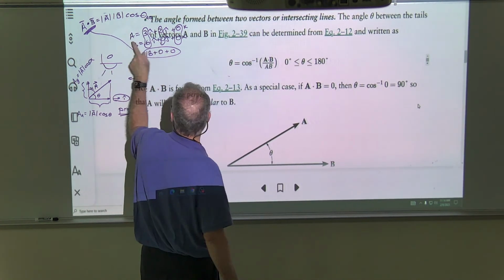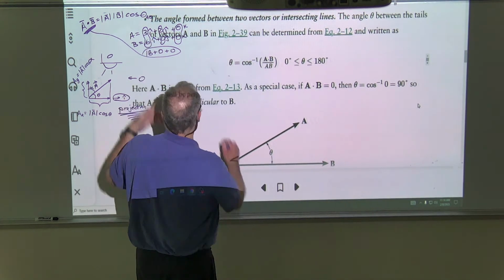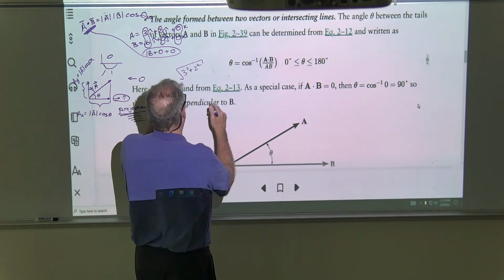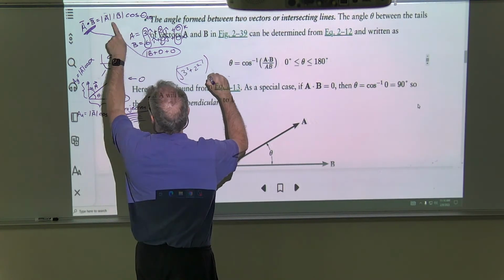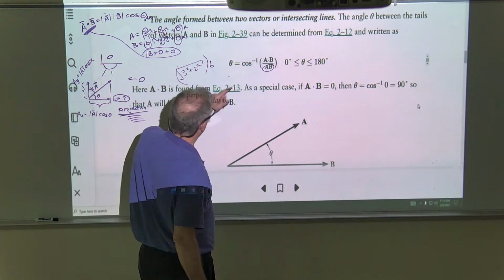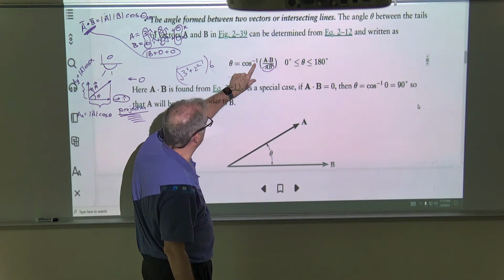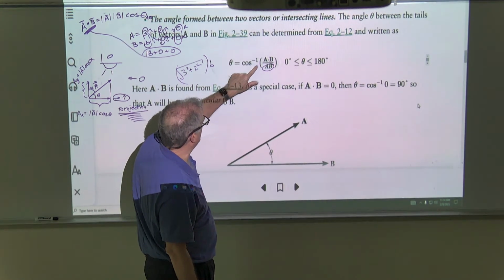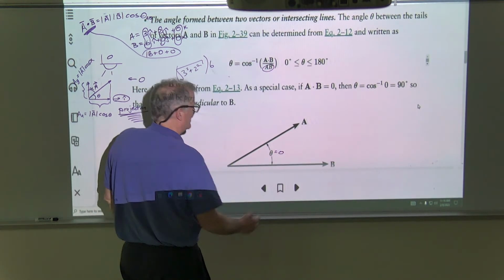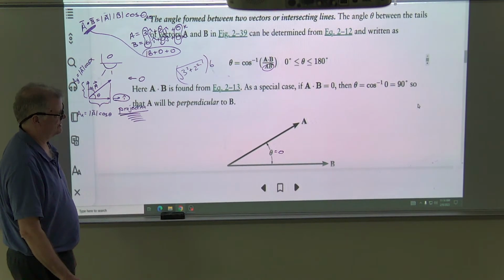Dotting these two, say the two we have, 18, divided by both lengths, the length of A, 3 squared plus 2 squared, whatever that is, times the length of this other vector, which is 6, which would be sitting right here on the bottom. You take the arc cosine, or your button on the calculator may say that, I don't know. And out of that, you're going to get some angle. And that's going to tell you what the angle is. It's pretty much that simple.